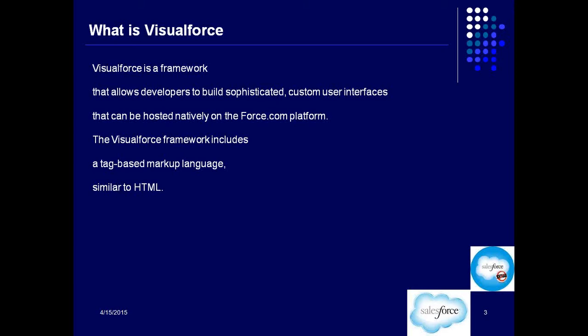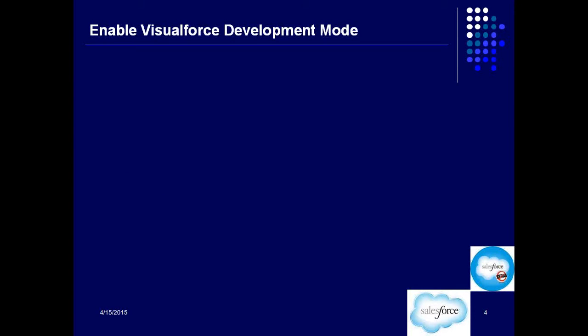So let's quickly look into what exactly we need to do before we get started on Visualforce. Before you start creating a Visualforce page, you just have to make a small setup change in your personal settings so that you can view the code editor of the Visualforce page. You just have to enable the Visualforce development mode. Till the time it's not enabled, you will not see the code editor.